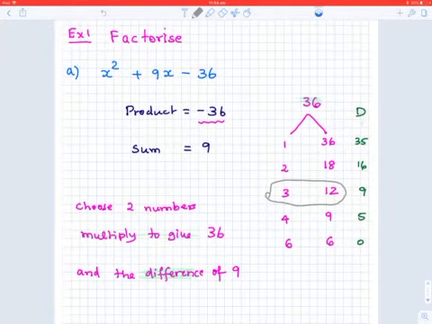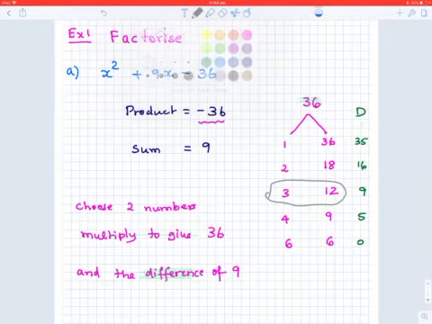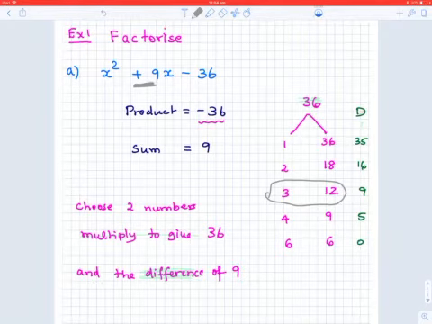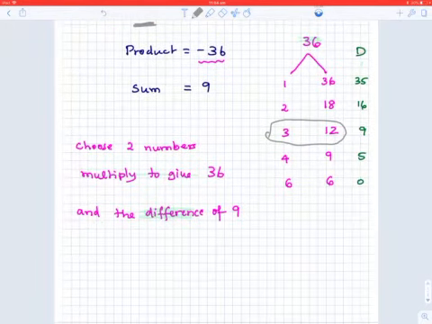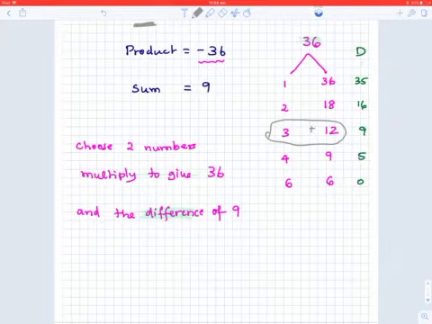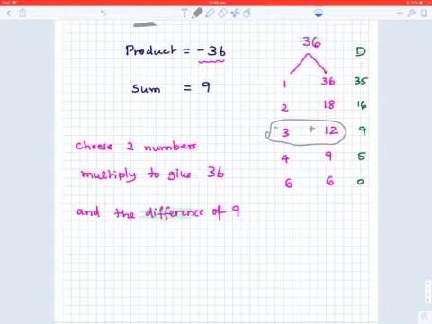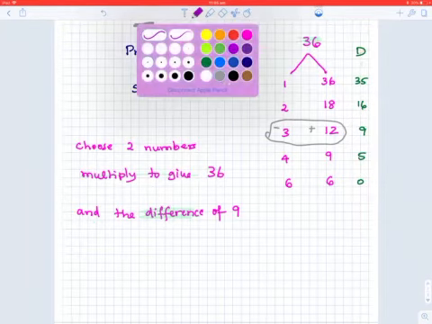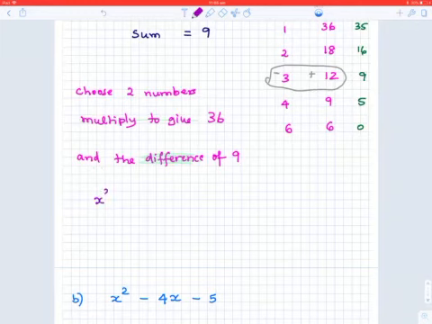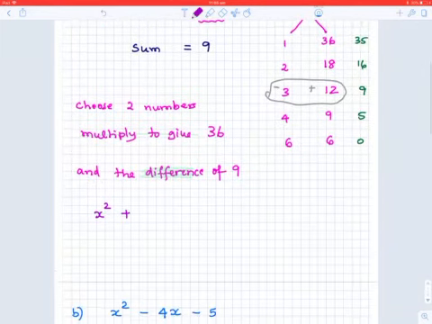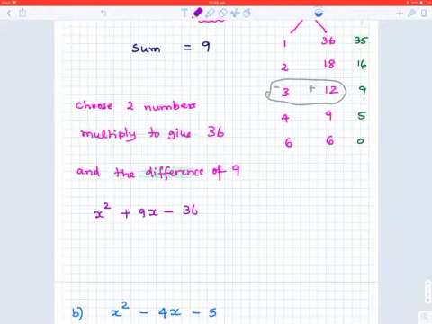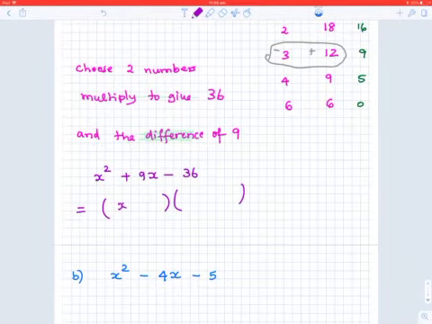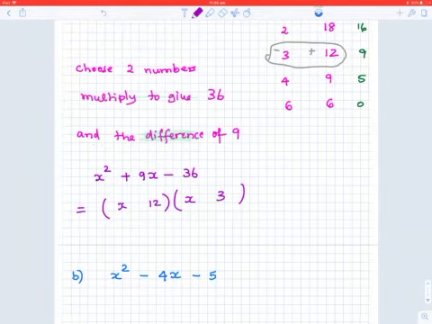Now when I look at the sum, the first one has the plus sign. That means the bigger number carries this sign. Out of 3 and 12, the bigger number is 12, so the bigger number carries the plus sign. Obviously, the other becomes minus. So x squared plus 9x minus 36 equals, you put double brackets, x and x first, and the numbers are 12 and 3.